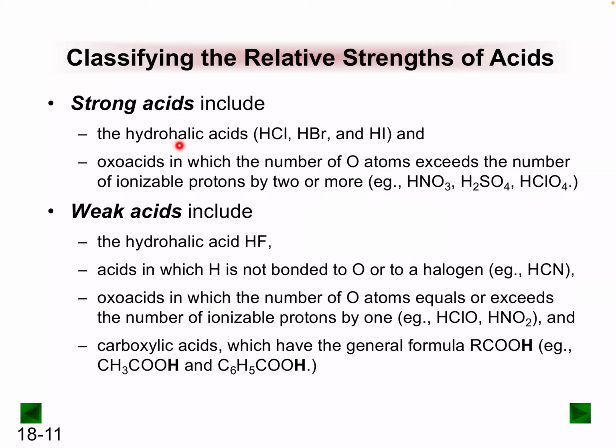Hydrohalic acid means it has a hydrogen and a halogen. Out of the halogens, the very first halogen is fluorine. Leaving out fluorine, after fluorine you have chlorine, bromine, iodine. So they are strong acids, but HF, the first halogen, is a weak acid. Okay, so strong acids include HCl, HBr and HI.